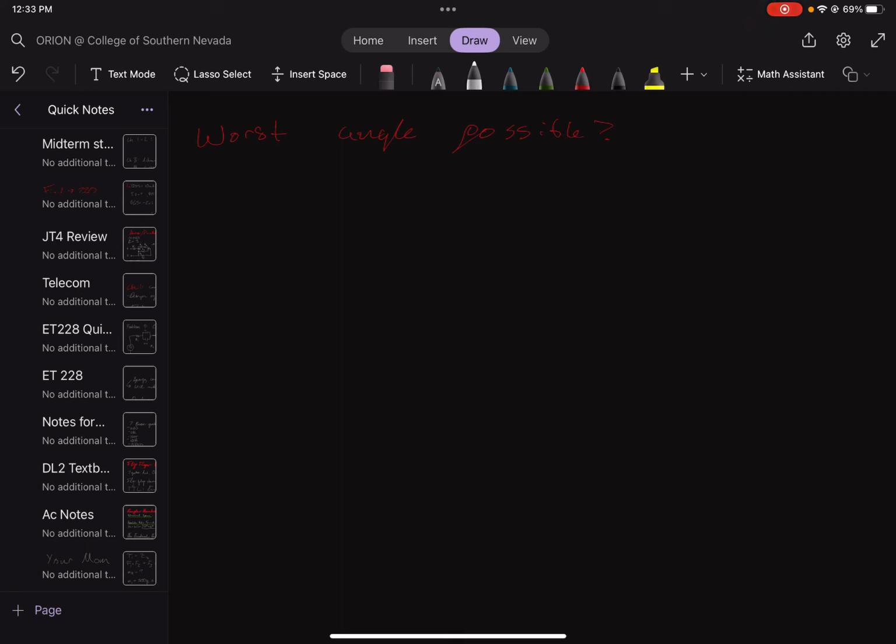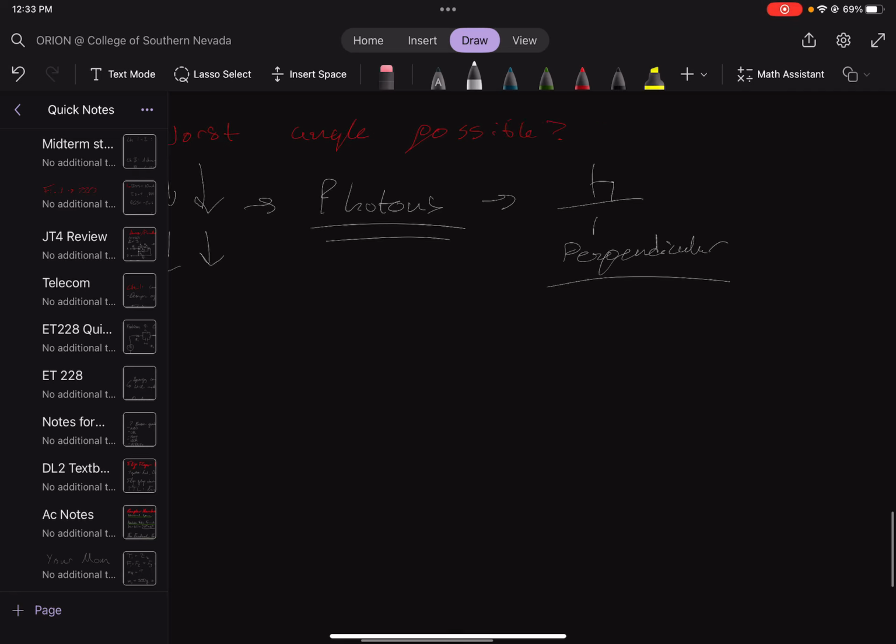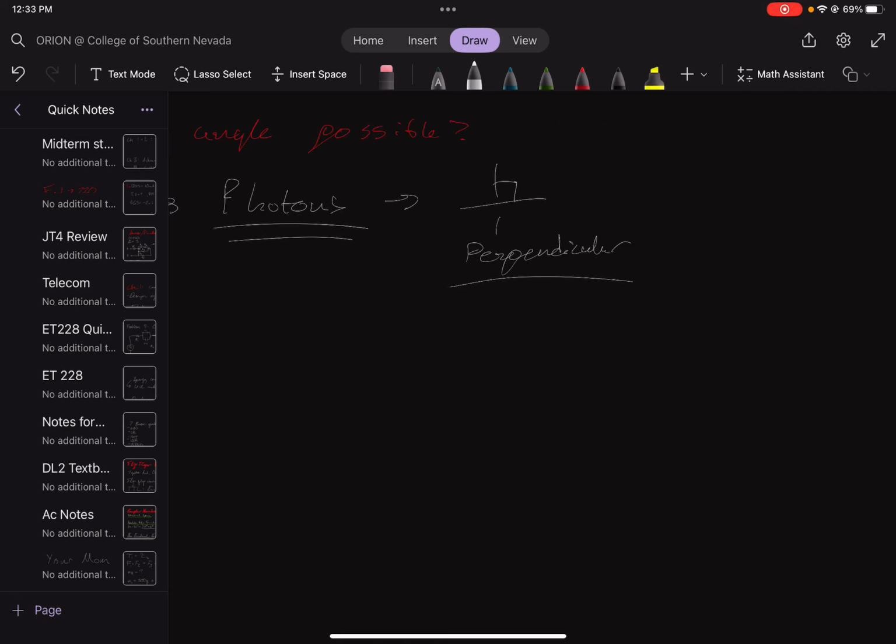Since I view photons as traveling in a straight vector, that means the goal of this whole thing is to be perpendicular to the solar panel with the sun's ray. And when we do that, we generate energy.